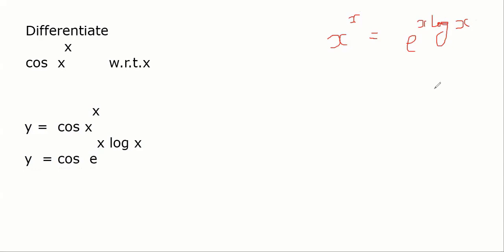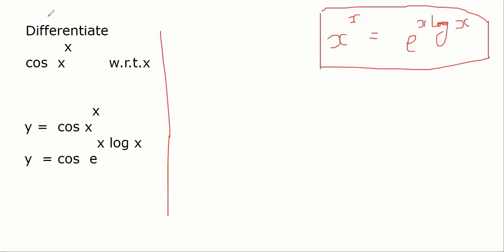We can always use this property to make a function look easy. So now the question becomes y equals cos of e to the power x log x. Now definitely you can use function of function, right? So let me start. So this will be the core. Note down this. So let's solve this question.